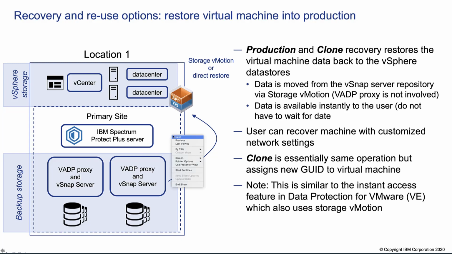Not going to spend a lot of time on this, but assuming that you understand the role of the Spectrum Protect Plus server, which is essentially the catalog or database component; the role of the vSnap server, which is the backup storage; and the VADP proxy, which is the data mover, so to speak, the code that understands how to move data between the data stores and the vSnap server, the backup repository.